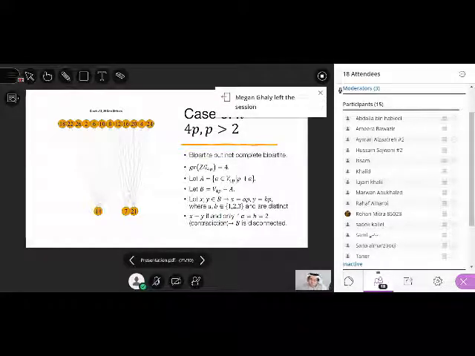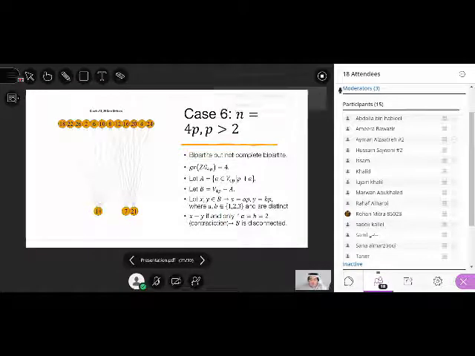Let's assume, this is a proof by contradiction, that x and y are adjacent. They are adjacent if and only if a is equal to b, which is equal to 2, which is a contradiction. We said they have to be distinct. Therefore, if you take any two vertices in B, they are not connected. B is the lower one.